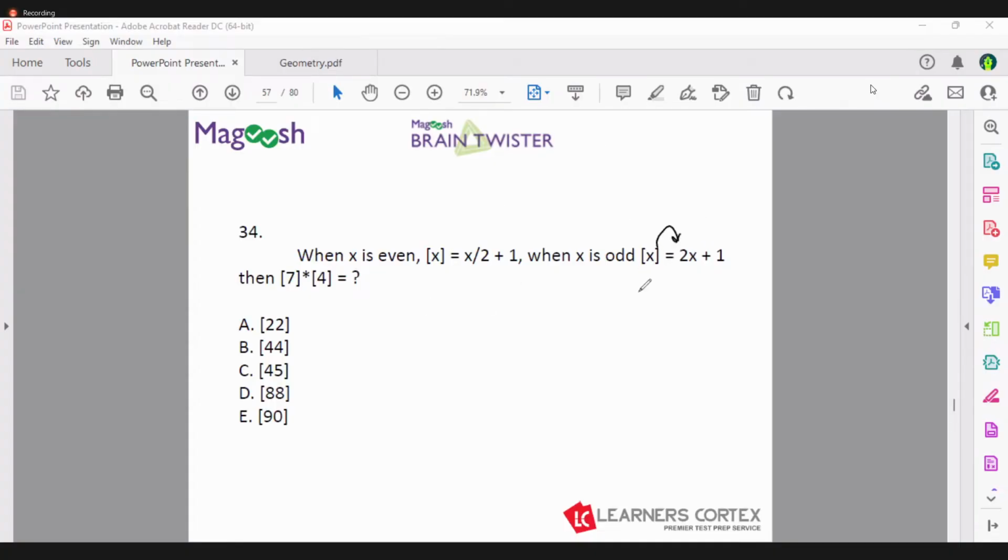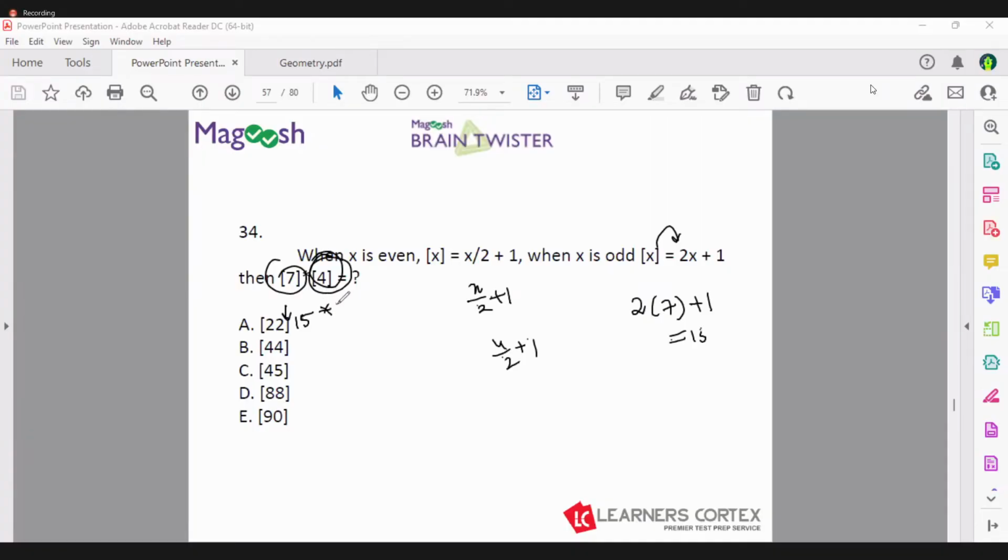So it will fall here. So 2 times 7 plus 1 will give us 15. So this here would be 15. And this here is 4, so it will be x by 2 plus 1, or 4 by 2 plus 1, which is 3.